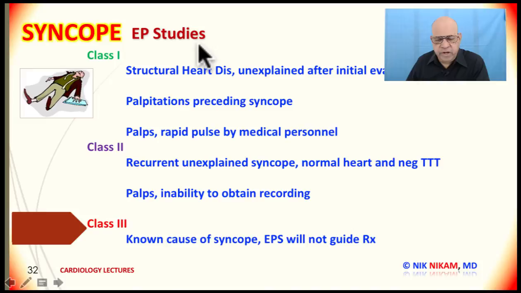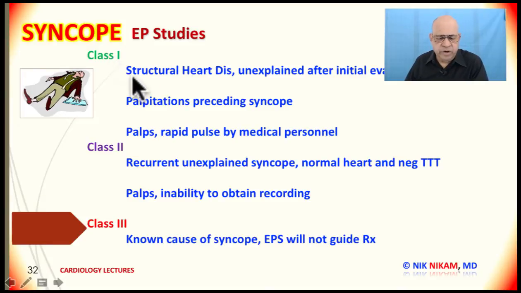Electrophysiologic studies. Electrophysiologic studies are needed in a very, very small percentage of patients. We are talking like 3 to 5% of the patients with syncope who will end up needing electrophysiologic studies, because most of them can be diagnosed based on the simple diagnostic tests, and most importantly the history and physical examinations.